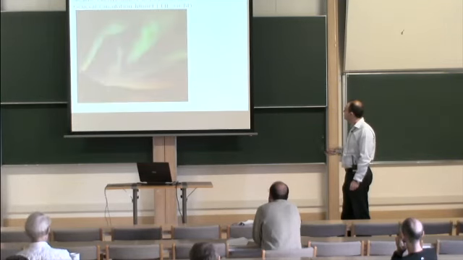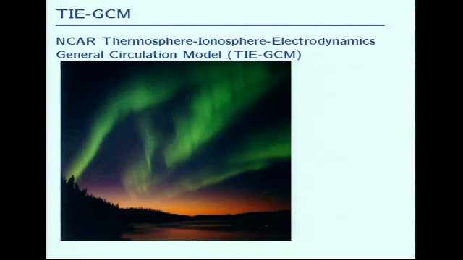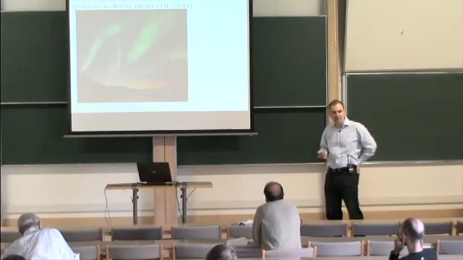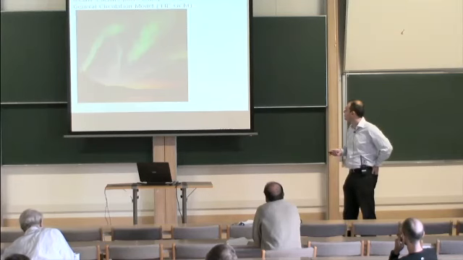So let's go to this key application, the TIE-GCM. It stands for Thermosphere-Ionosphere Electrodynamics General Circulation Model. And here you see, I hope, a magnetic storm and magnetic activity in the ionosphere. And this has some consequences on the telecommunications, usually.